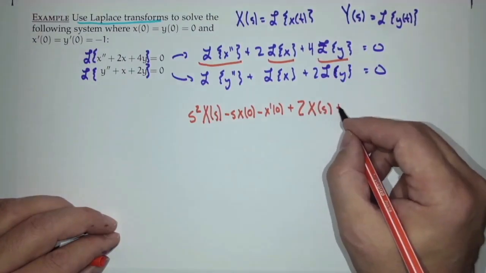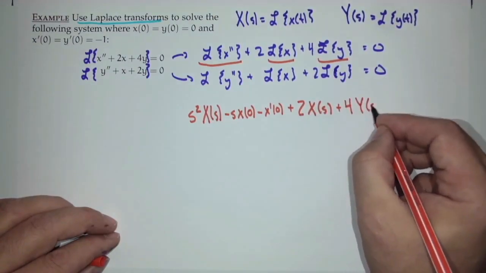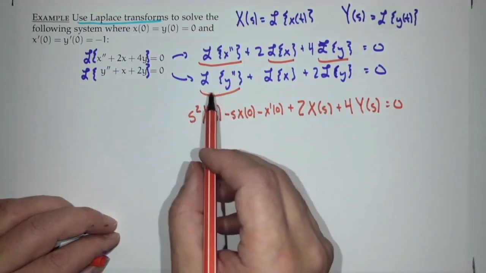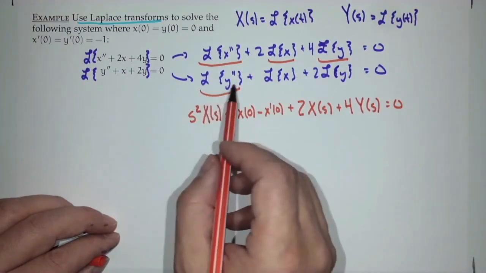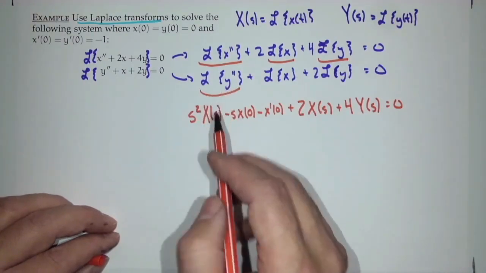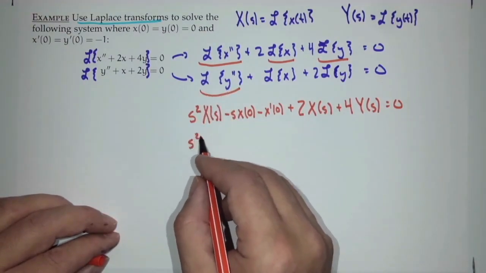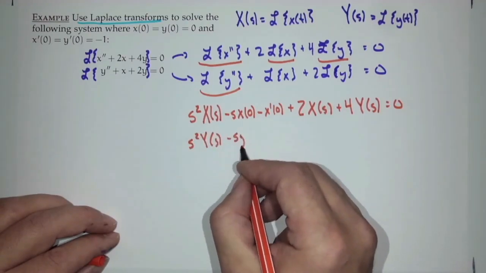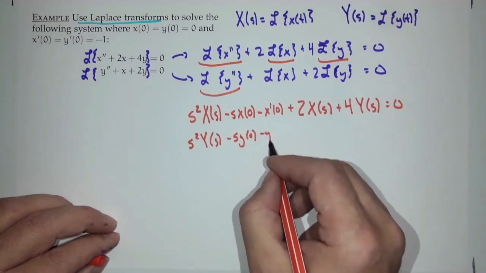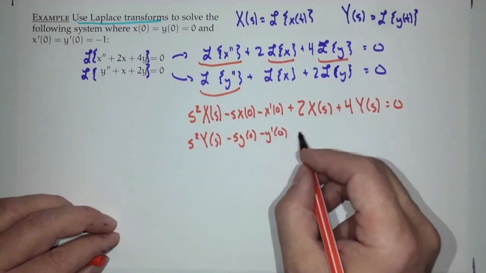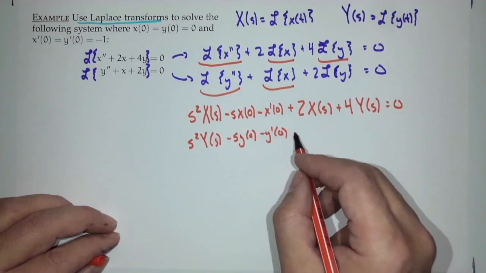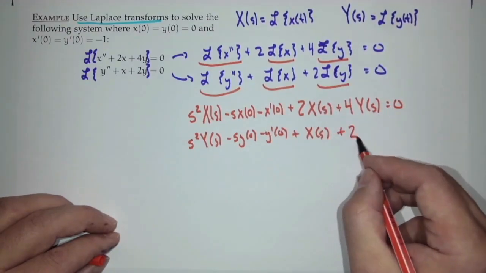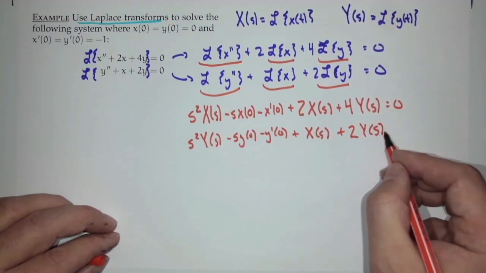And then we have 4 capital Y of s. The next line is the same as the first except instead of x, we have y. So we have s squared y of s minus s y of 0 minus y prime of 0. Then plus capital X of s, and then plus 2 capital Y of s.